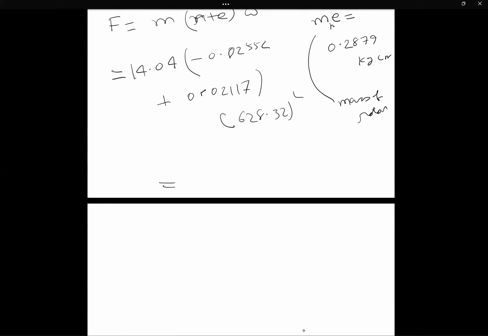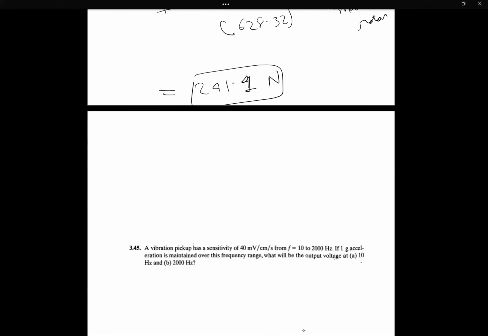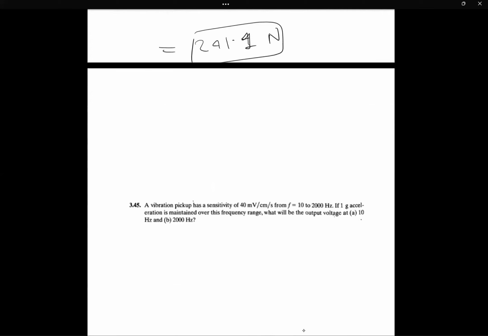So F is equal to 241.1 Newton. So that was it. Next, I will move to problem 3.45.